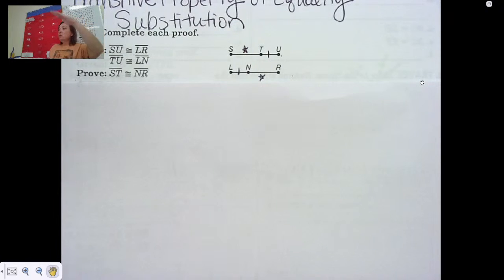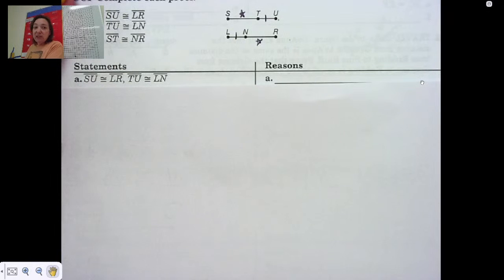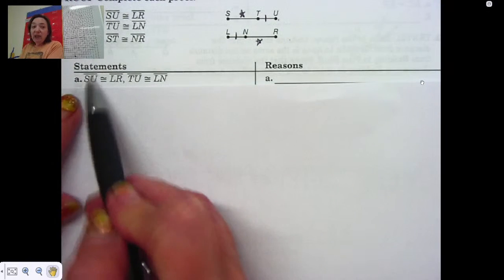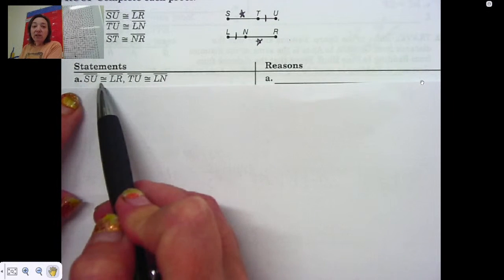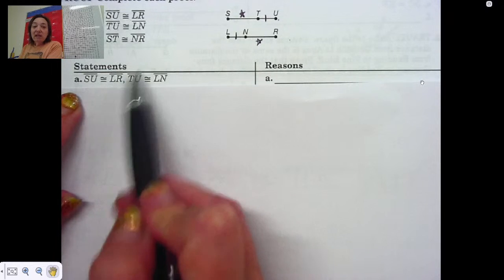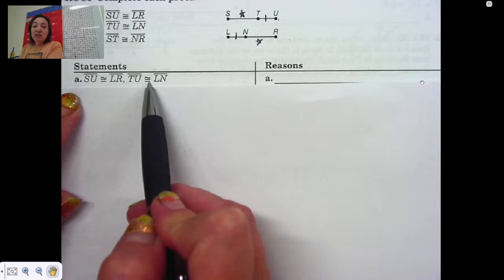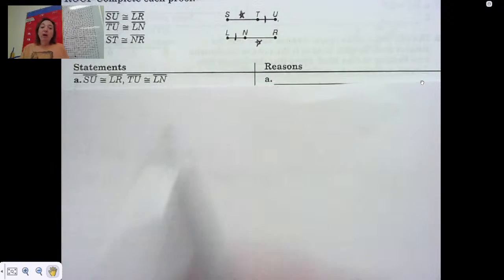Okay, if we know this, then we know this. If we know this, then we know this. All right? So let's start with the very first statement. The very first statement says, segment SU is congruent to segment LR. Segment TU is congruent to segment LN.